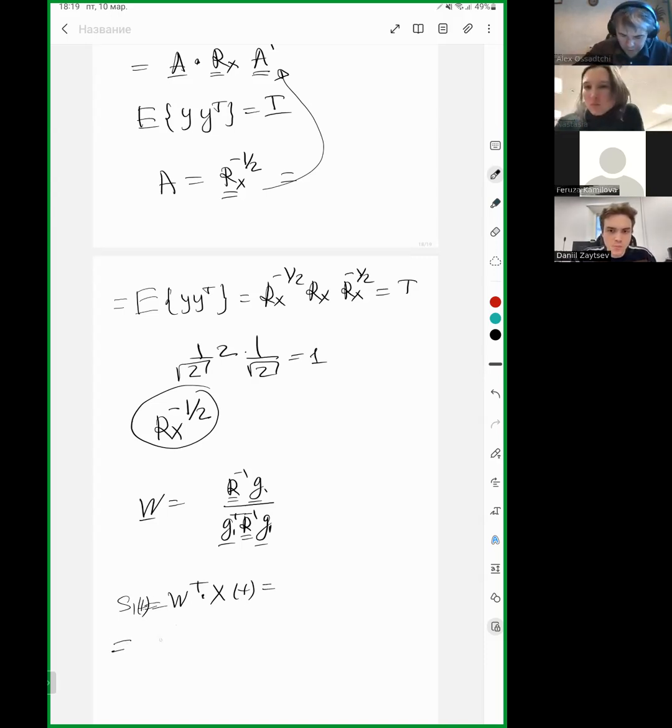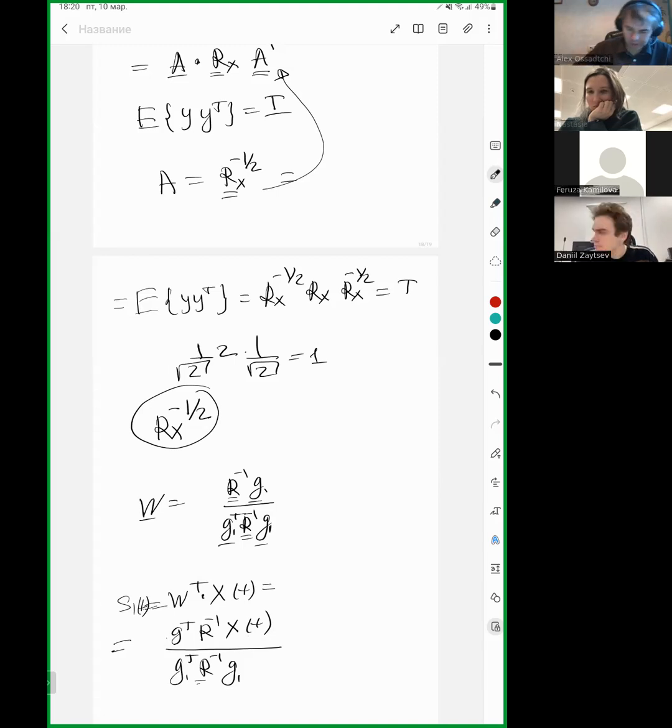We are taking G transpose R minus 1, multiplying by the data X of t, and dividing by G transpose R minus 1 G1. Agreed? This is just a scalar, and for each time slice this is also a scalar, for each t. So we have many of such elements.